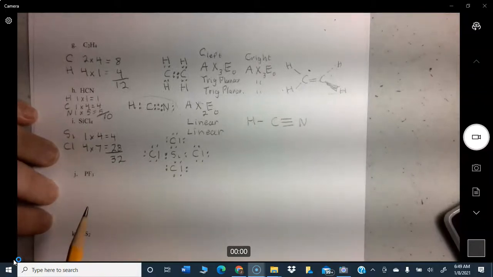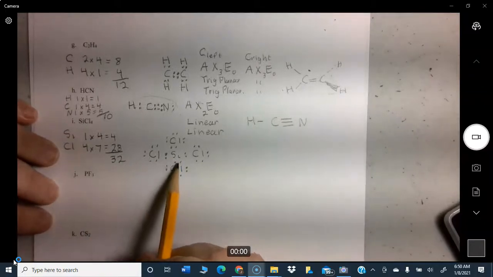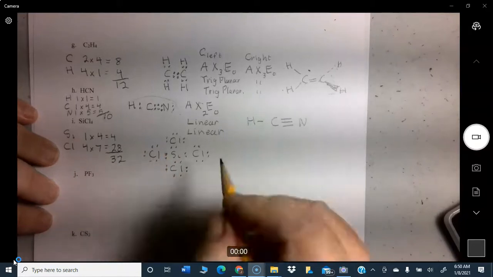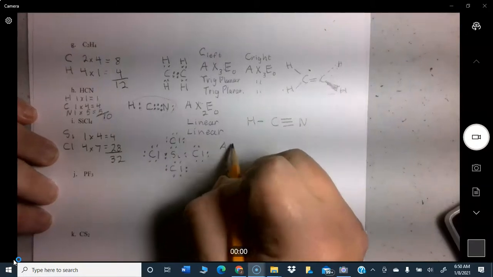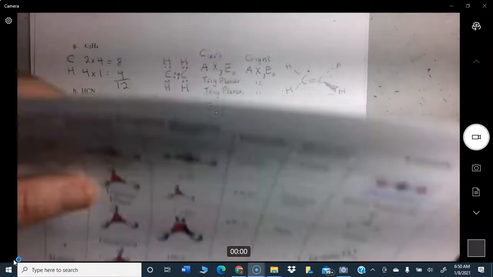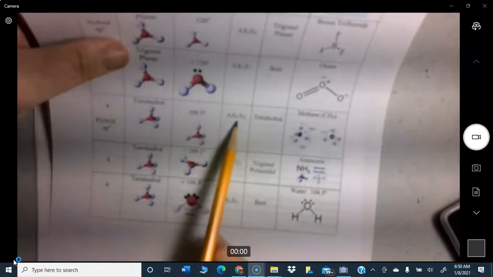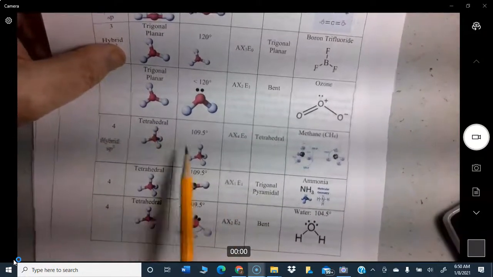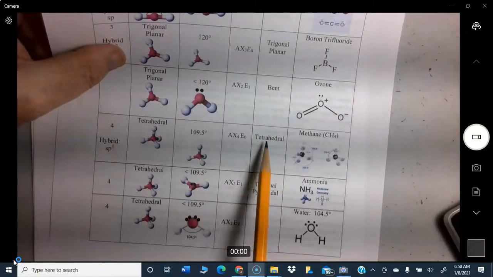So that's the representation. So you can see that for the central atom, it has 4 bonding pairs, 4 electron domains in all, and 4 bonding pairs. That's an AX4E0. So that's going to be tetrahedral. So both the family, the domain, and the actual shape is tetrahedral.